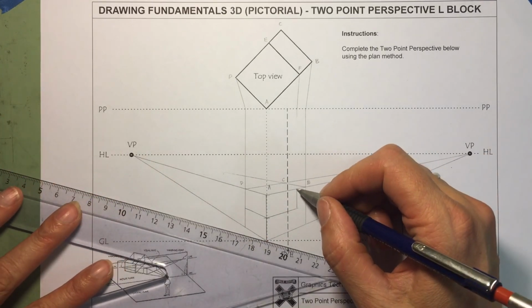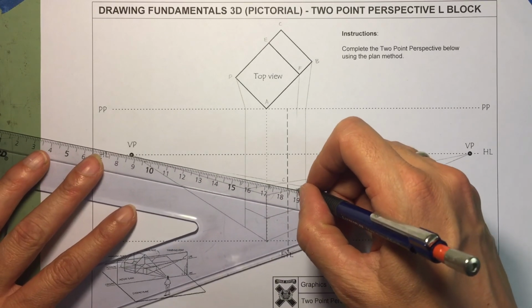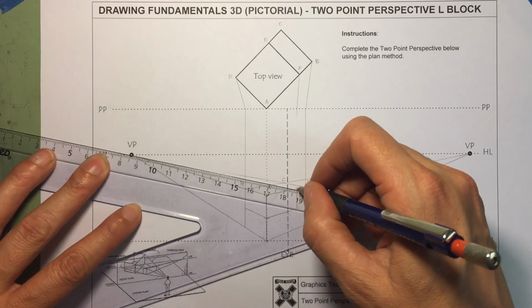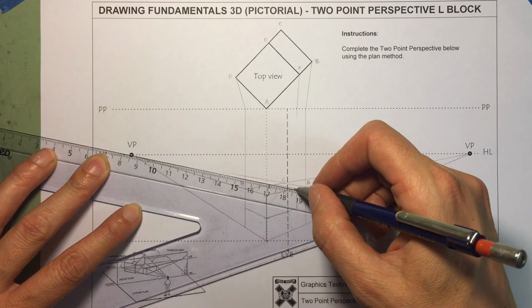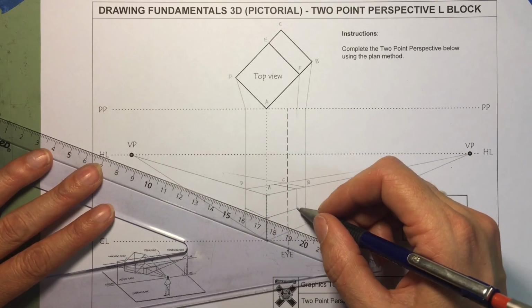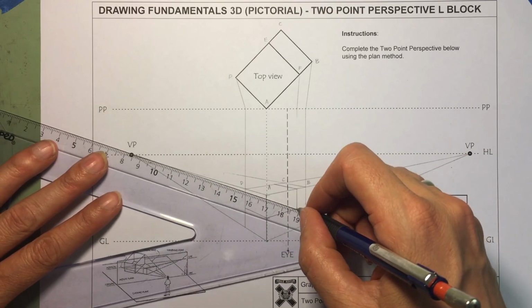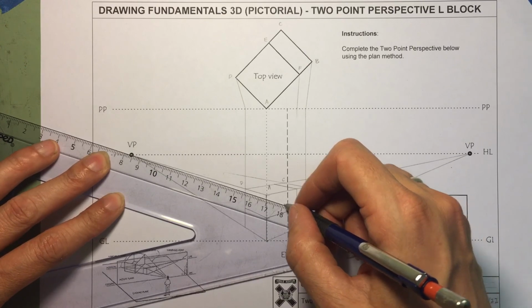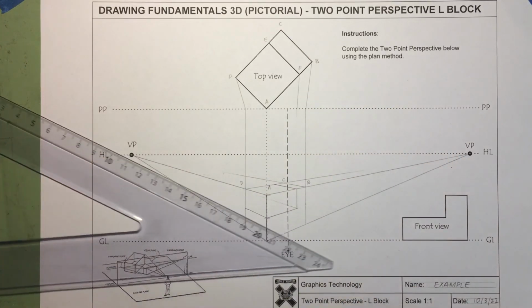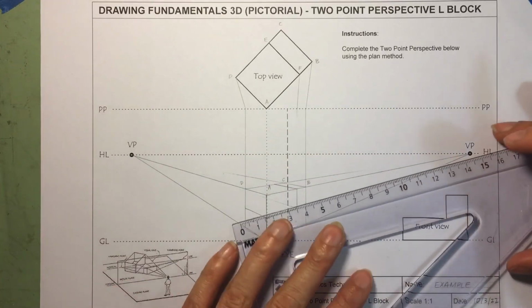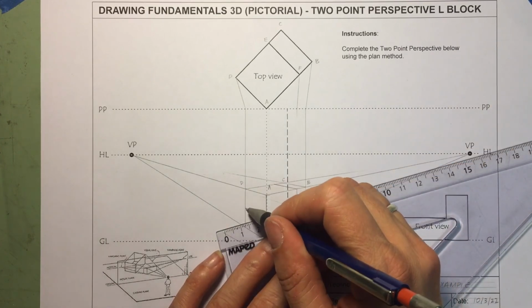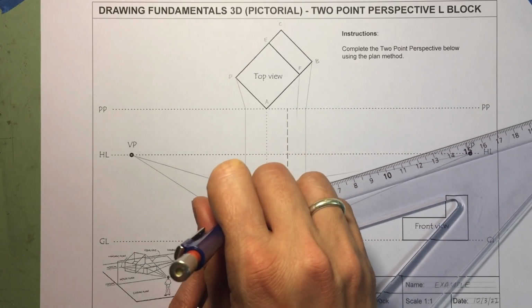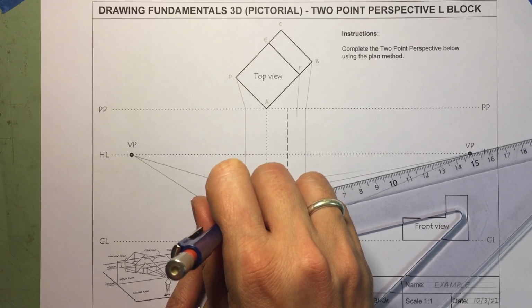So let's take this point on the top across, so across to our vanishing point. Take this point, the inside of the L, back to the vanishing point. Just take that. We don't know how far back it goes yet because we need a few other lines. We need this one here, back to the vanishing point.